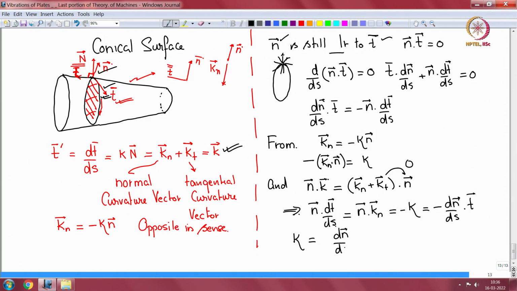dn by ds dotted with dr by ds. dr by ds is t, the tangent, please remember. So I can write this now as dn dotted with dr divided by dr dotted with dr, this is ds square, so that is dr dotted with dr. So now what?